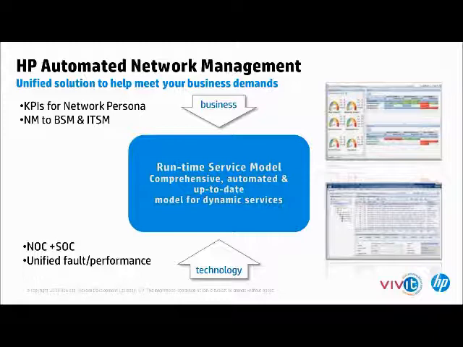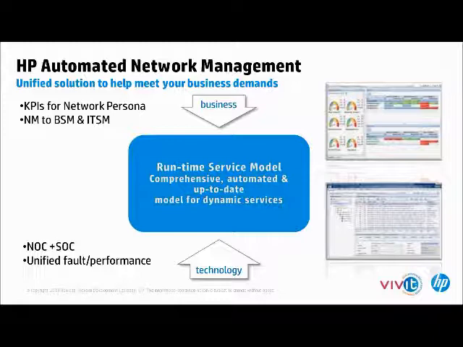If you take a look at this particular slide right here, automated network management really facilitates a top-down and a bottoms-up approach when it comes to monitoring a business service in your environment. It all spins around a true differentiator that we're going to see in a minute, on our business service management side, sometimes referred to as the runtime service model.